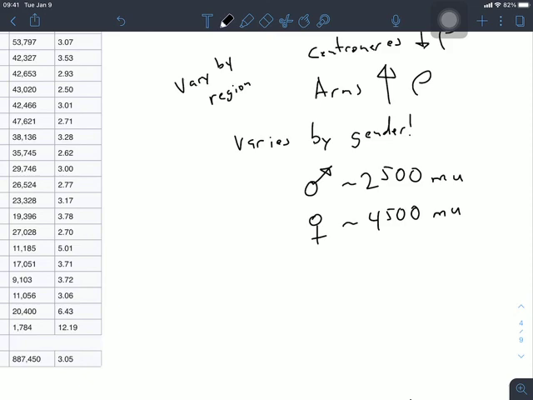Now, one topic that is mentioned in your book that we're not going to take a deep dive on is something called the map function. The map function is the way to correlate your recombination to physical distance.